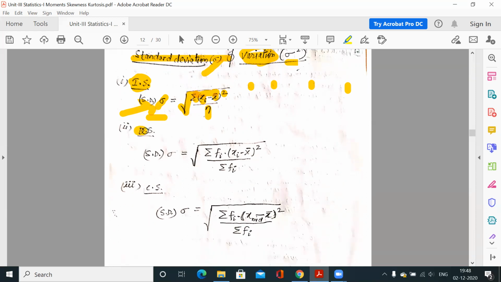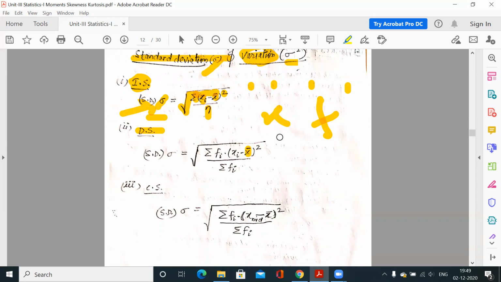And for a discrete series, meaning you have been given x and corresponding frequency, again you need to first calculate the x bar, that is the arithmetic mean. I already told you in the last lecture how to calculate the arithmetic mean for the discrete series.